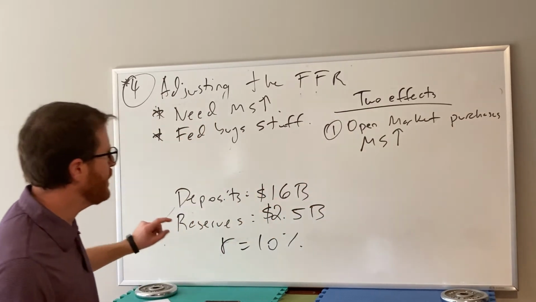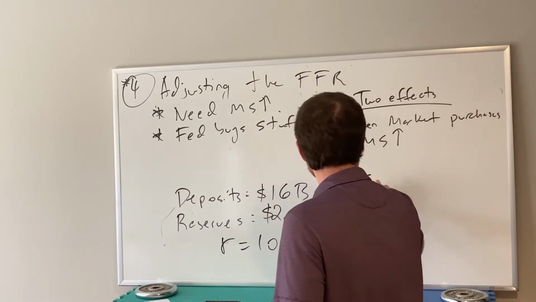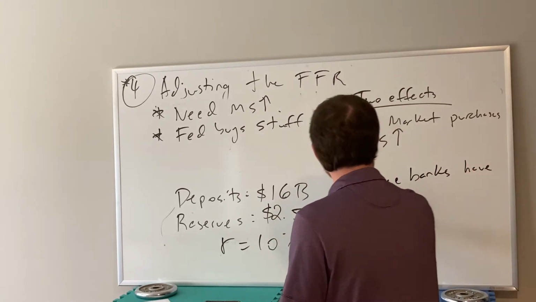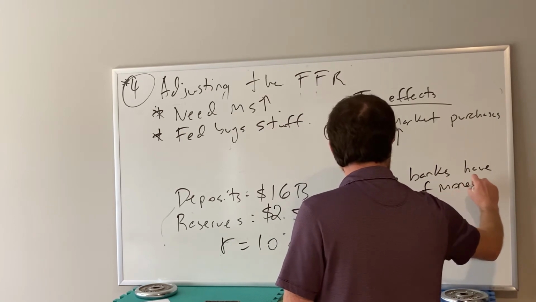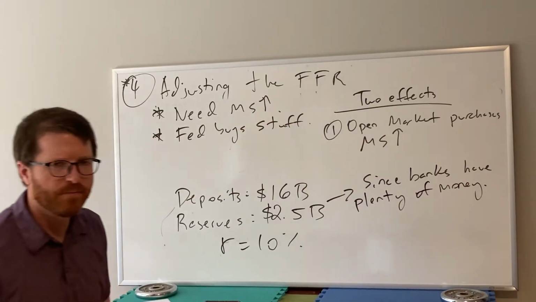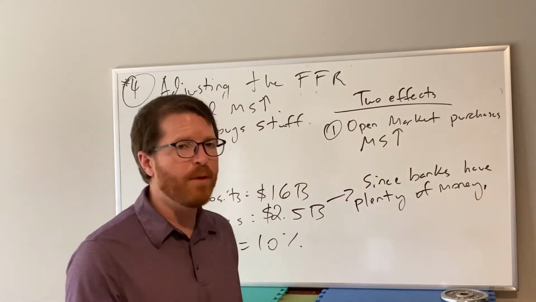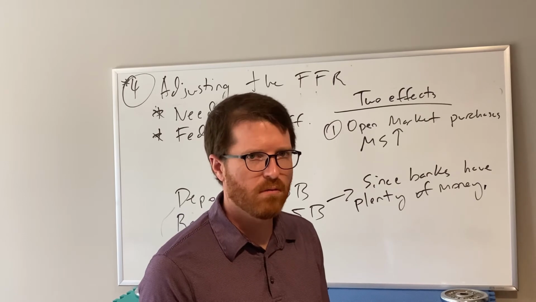So here is the second effect that you have. Since banks have plenty of money, they have plenty of excess reserves, think about how they're going to operate. If everybody in this class right now had plenty of money, do you think you'd be more or less likely to borrow?